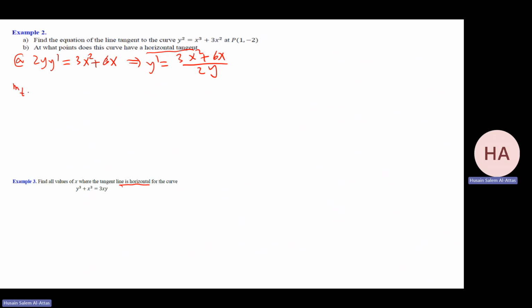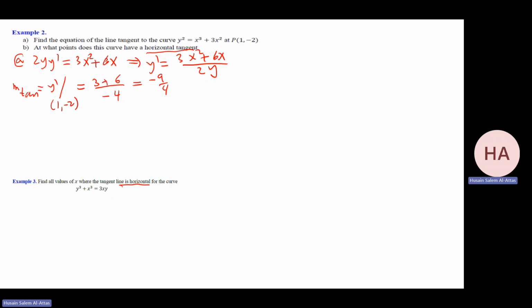What will be m tangent? It is y prime at the point 1 and minus 2. And that is what? X is 1. So I have 3 plus 6, y is minus 2, minus 4. So that will be minus 9 over 4. You have the equation. We have the tangent line.